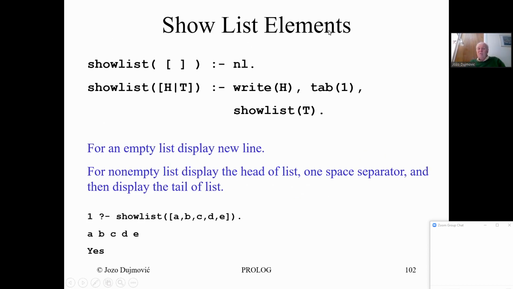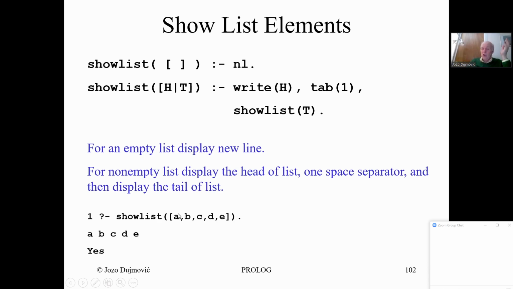How to show list elements. So I have list A, B, C, D, E, and I want to show all these elements. Okay, how to do that? Well, to do that, we have to create the show list program. We already did that a minute ago.